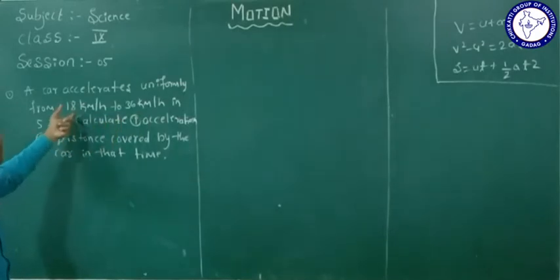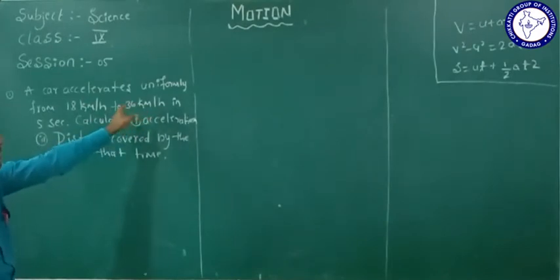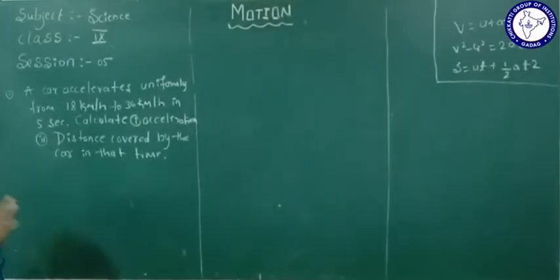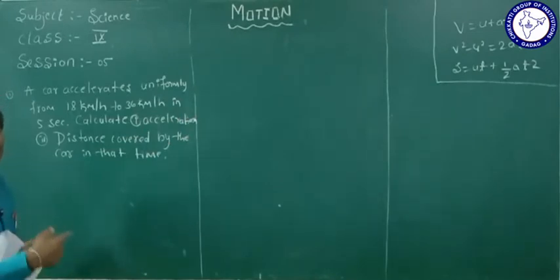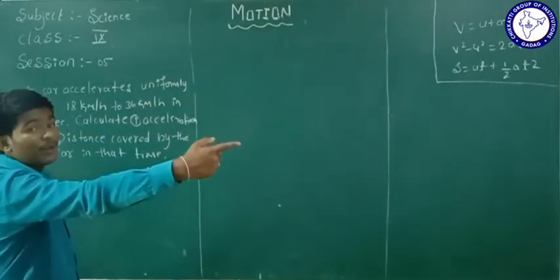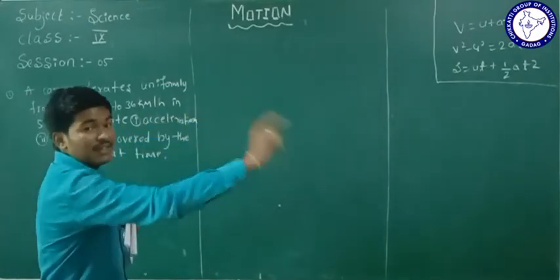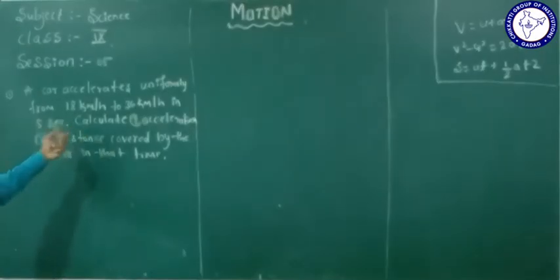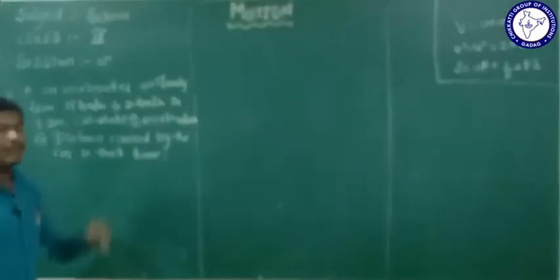That means the initial velocity of the car is 18 km per hour and the final velocity is 36 km per hour, in a time of 5 seconds. What are we going to calculate here? The acceleration and the distance covered by the car.